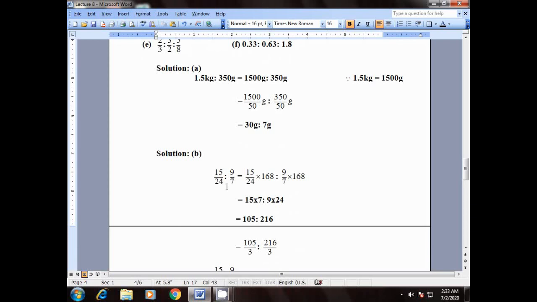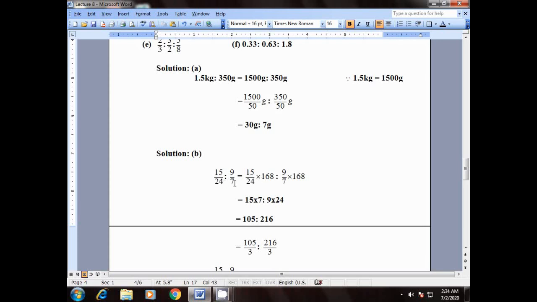Then we will multiply the product of 24 and 7 by the first quantity as well as by the second quantity. And this can be written in the form of 15 divided by 24 multiplied by 168, which is the product of 24 and 7. Keep in mind, we are removing the denominators.